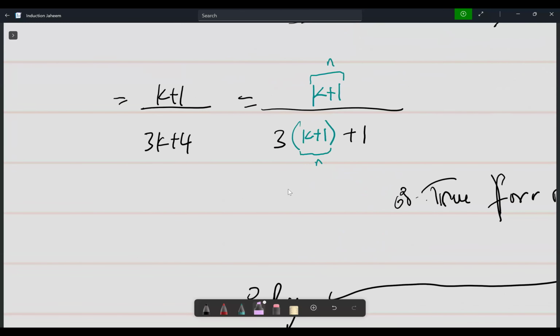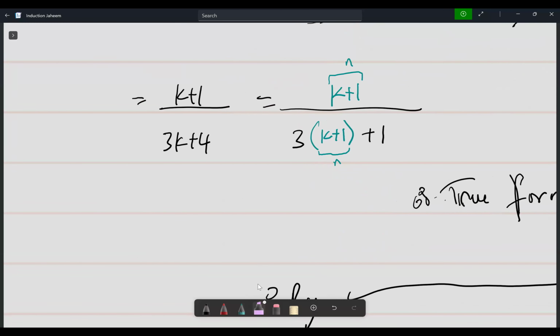Because this denominator can be rewritten as 3k plus, we're going to change the 4 into 3 plus 1. Now this part, 3k plus 3, can be written as 3 outside and k plus 1 inside, plus 1.